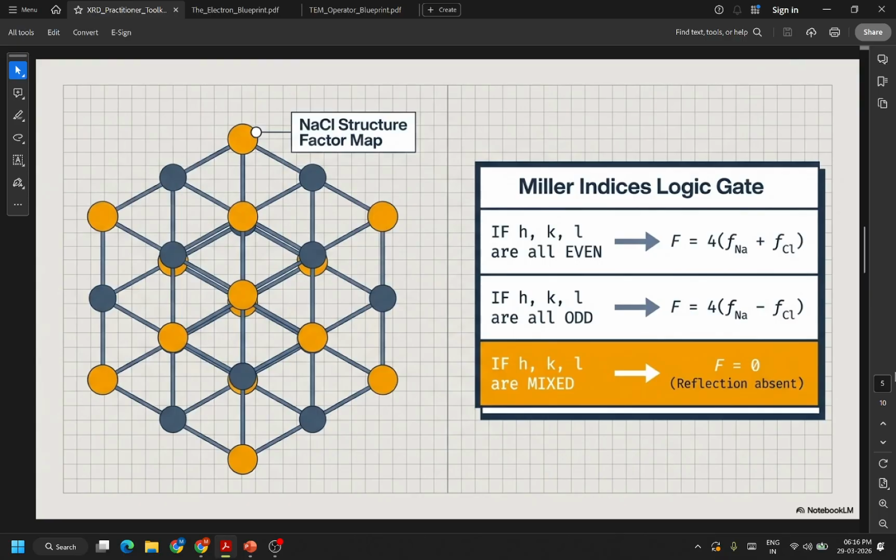If HKL are all odd, your structure factor will be 4FNa minus 4FCl. So since FNa and FCl are not the same, it will be different. And if HKL are mixed, then F is equal to 0, because both Na and Cl form FCC lattices individually. So for mixed HKL, it will be 0.